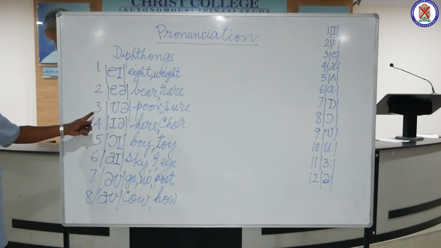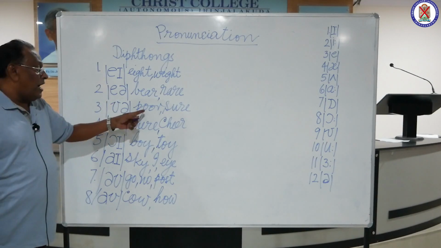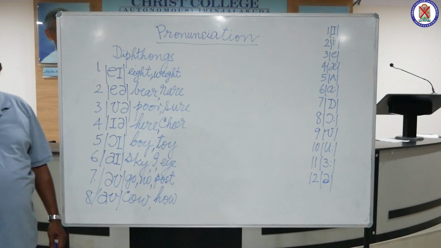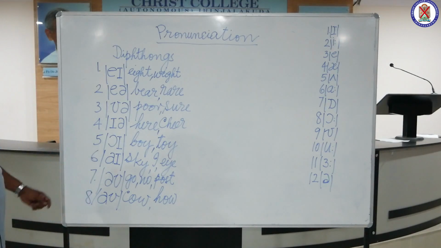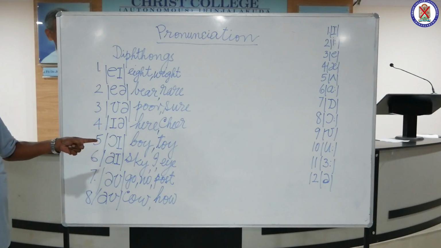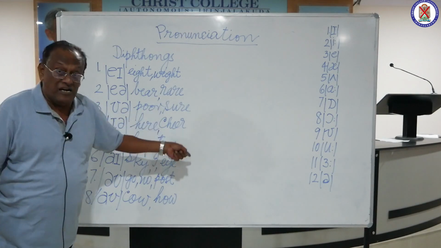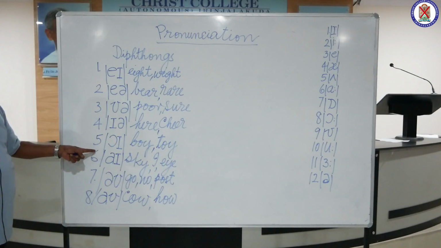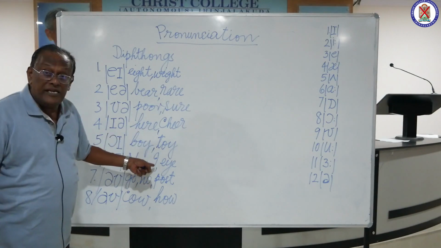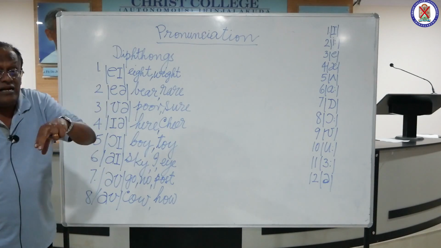Third one, "oor", in words like P-O-O-R, poor, S-U-R-E, sure. Fourth one is a combination of E and "er", which you have in hear, cheer, tear, ear. Fifth one, O plus E, "oi": boy, toy, coy, soil, oil.